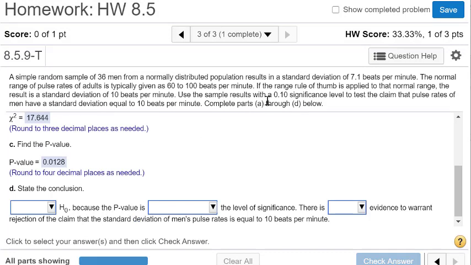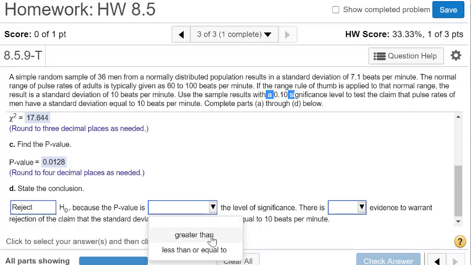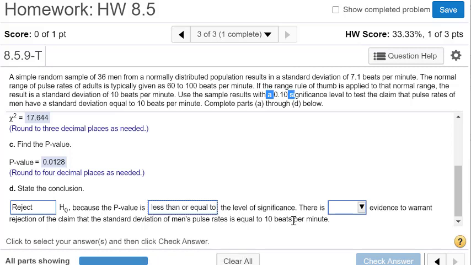Our p-value compared to our significance level: our p-value is 0.01, our significance level is 0.1, and so the p-value is less. So we're going to reject the null hypothesis because our p-value is less than the significance level. And when we reject the null hypothesis, well, it depends on what the claim was.